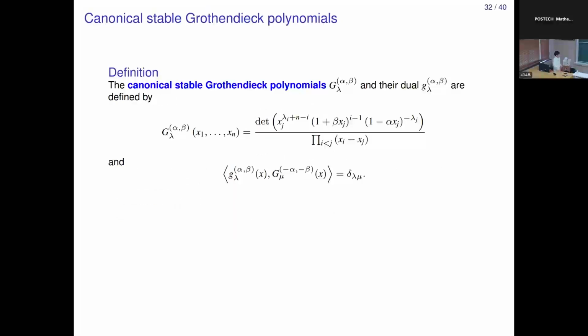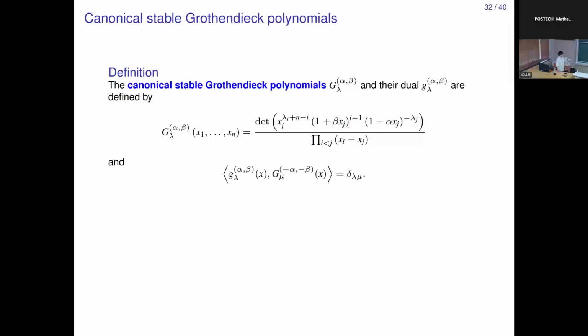Because of this motivation, he defined these canonical stable Grothendieck polynomials as this ratio. It looks similar to the Schur function, if you remember. But you see, if alpha and beta are 0, then this term just disappears. So it's exactly like the Schur function. It's a generalization of the Schur function with 2 parameters, alpha and beta. These are not infinite sequences of parameters, just 2 parameters.